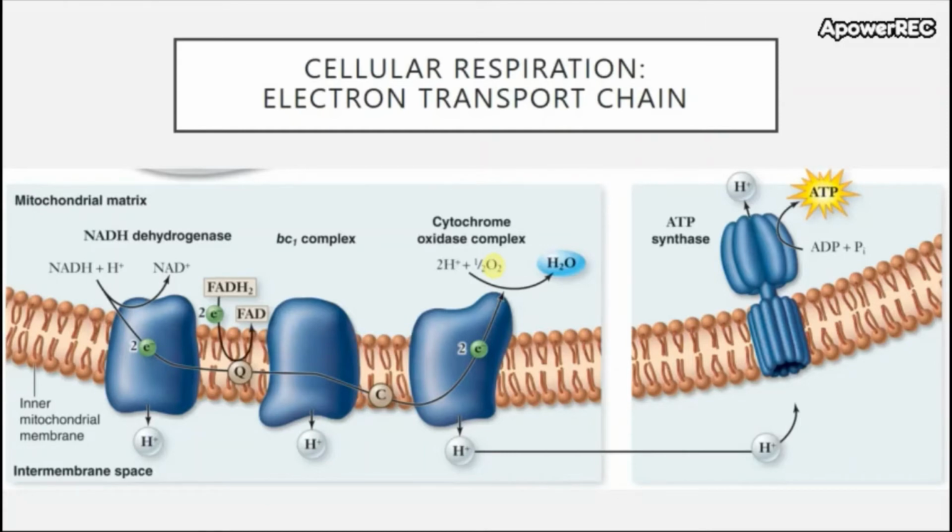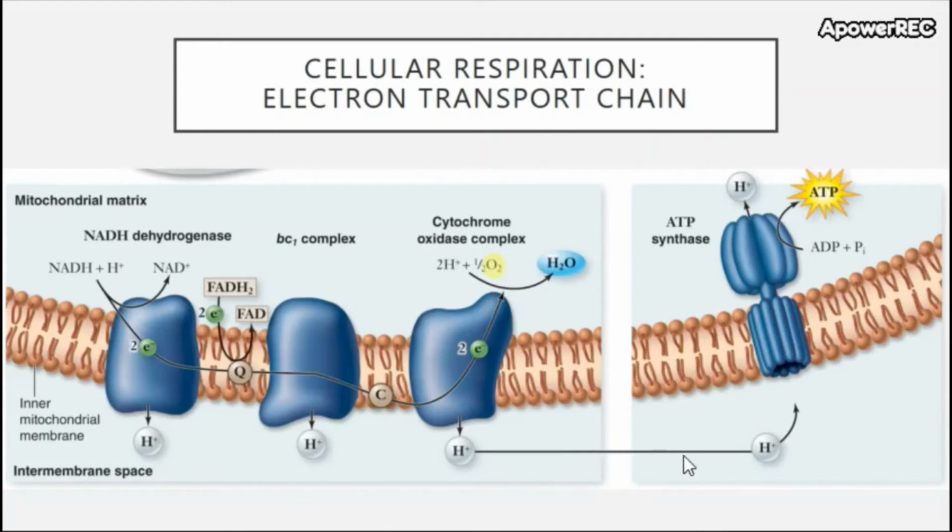Naturally, this chain would get backed up, and this process could not function because the electrons would have nowhere to go, and so you could not get a proton gradient or a higher concentration of protons on the other side within the intermembrane space.